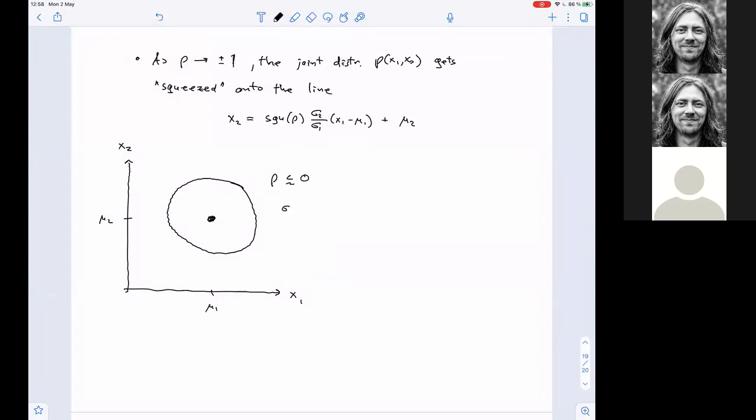So the slope will be given by the ratio between sigma 1 and sigma 2. I meant for these to be weakly correlated, so it's a blob, but still the direction of the blob is like a slope of -1.